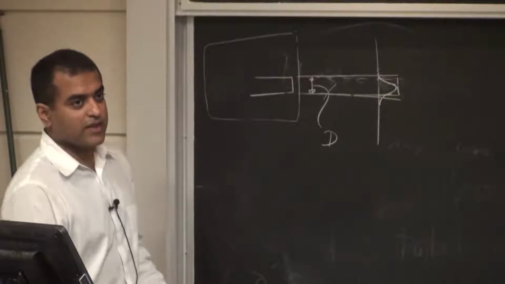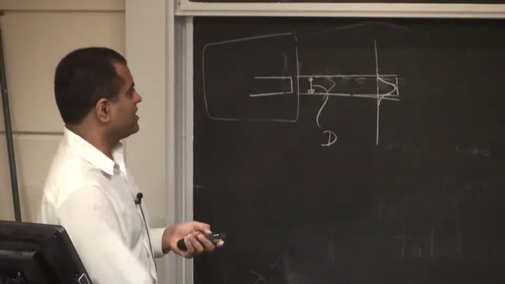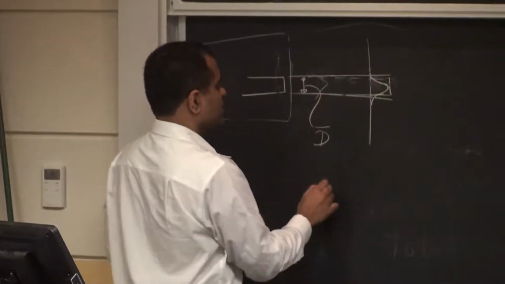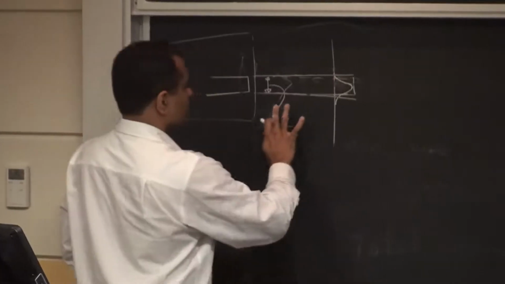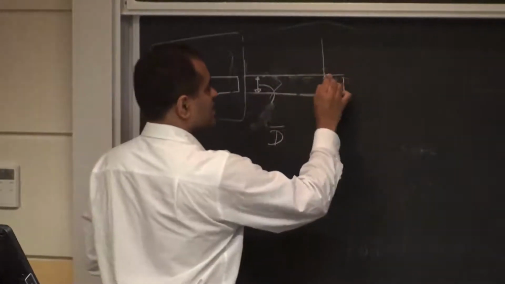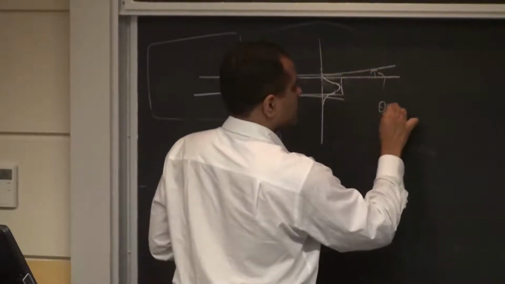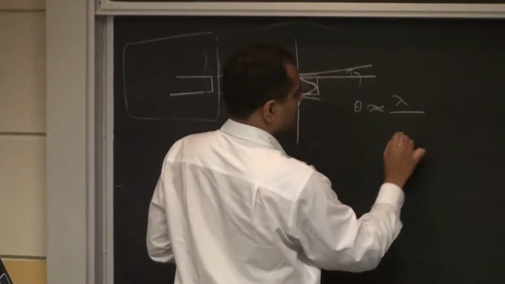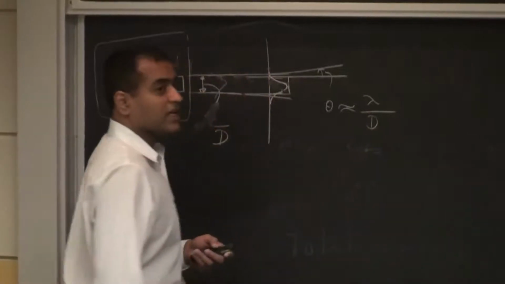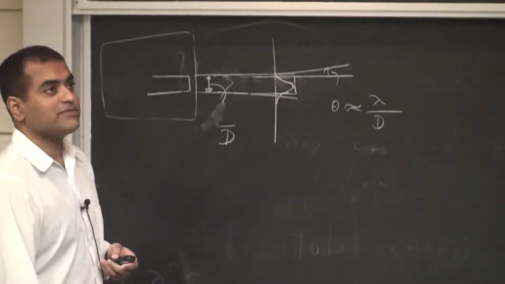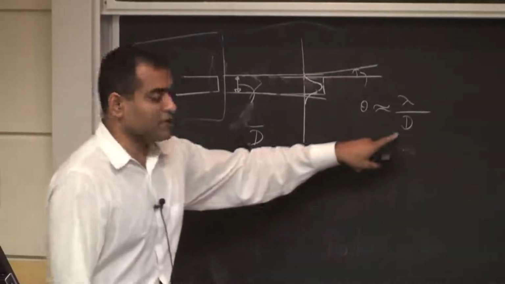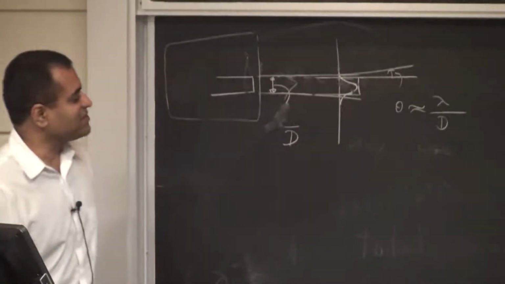Right? In fact, what we'll show is that for a single mode laser, the divergence, or the angle at which this starts diverging, is of the order of the wavelength of the light divided by the diameter. We're going to show that now. Well, hopefully. Right? Wavelength by the diameter.